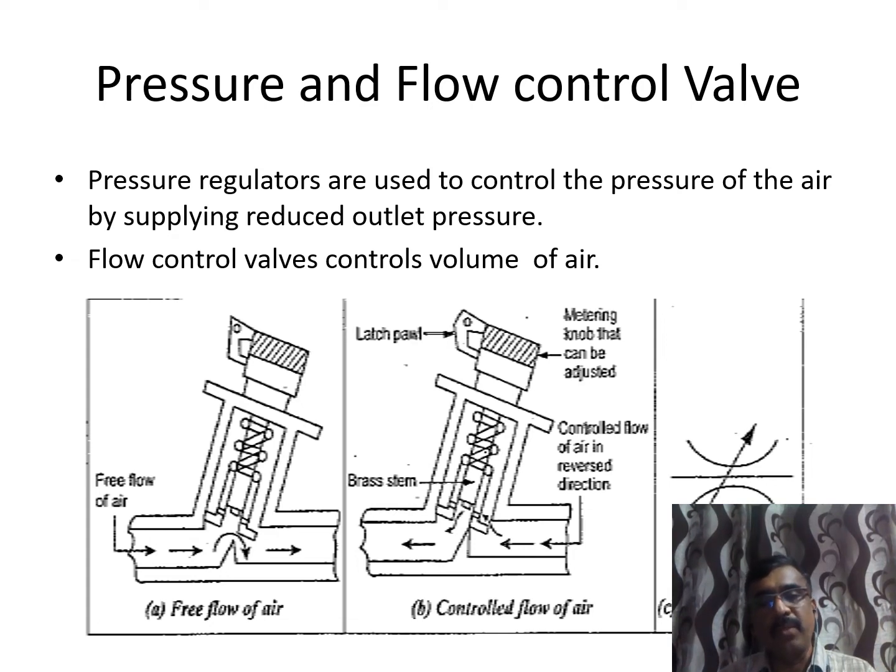Now if the controlled flow of air is reversed, it will flow in the reverse direction through the port here. This shuttle valve is closed in the other direction, thereby it will pass only the restricted air.